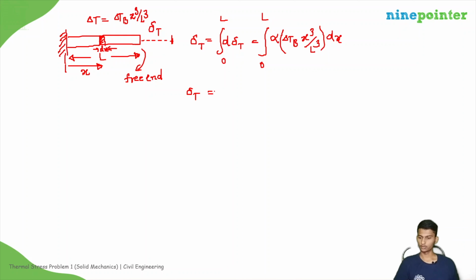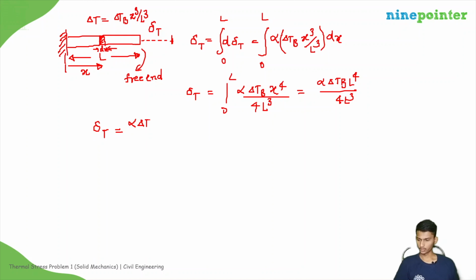So del T will be equal to alpha delta T_B L divided by 4.